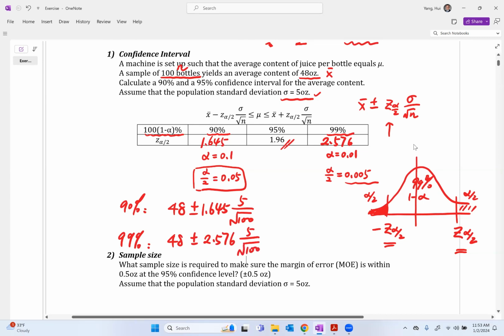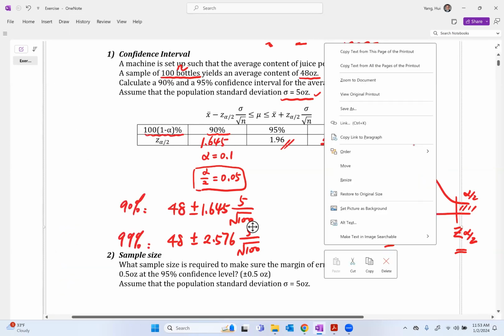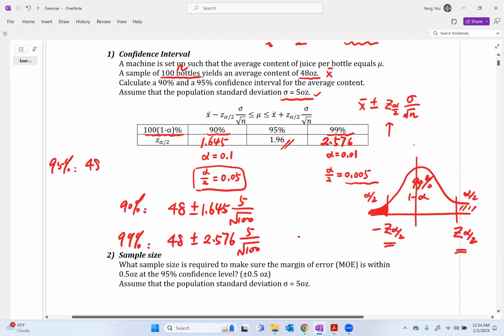Then what is the confidence interval for 95%? It will be 48 plus minus 1.96 times 5 over square root of 100.